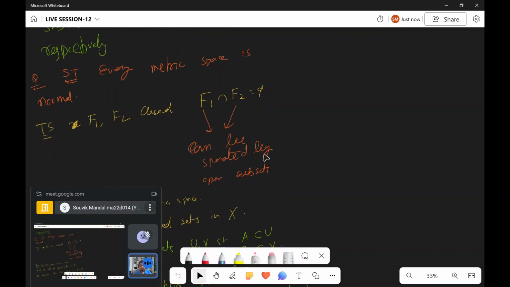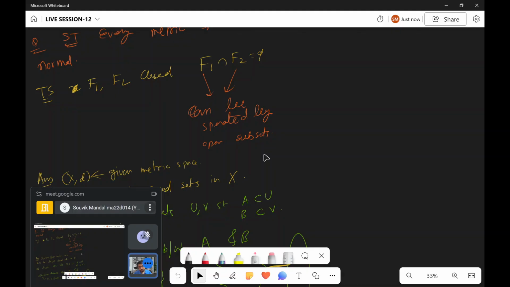For that, we consider two closed sets F1 and F2 such that F1 intersection F2 is empty, and we need to show these two closed sets can be separated by open subsets.